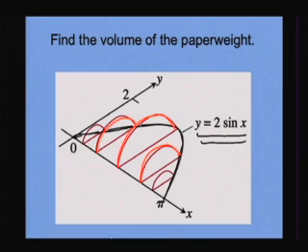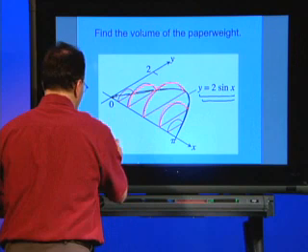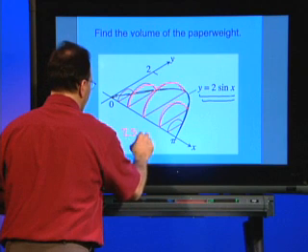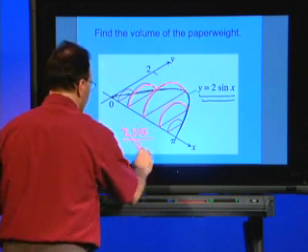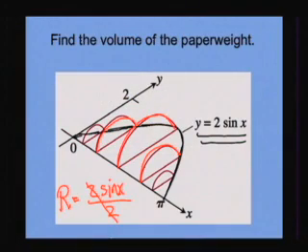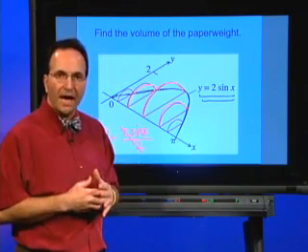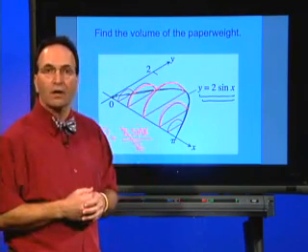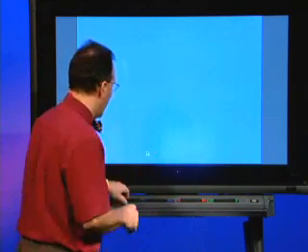So since it's a semicircle, the radius would be half of the function. In other words, the radius is sine of x. So when we go to set up this integral, because the cross-section is half of a circle, we would have 1/2 of pi r squared, and this would be our r.